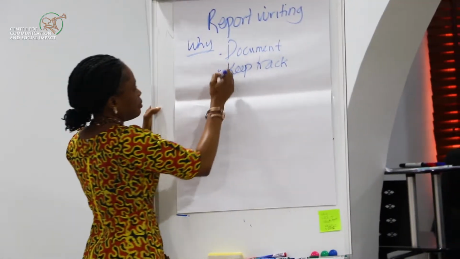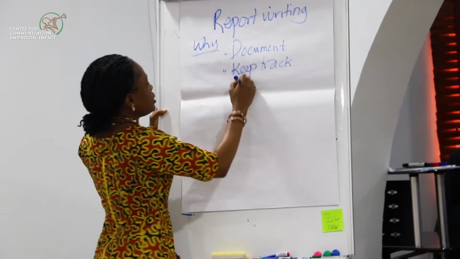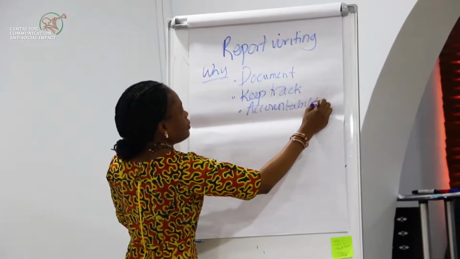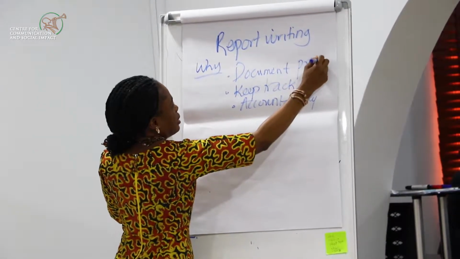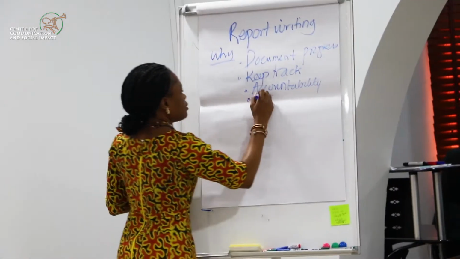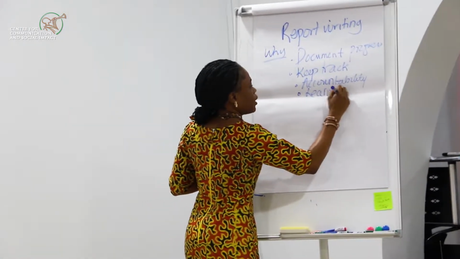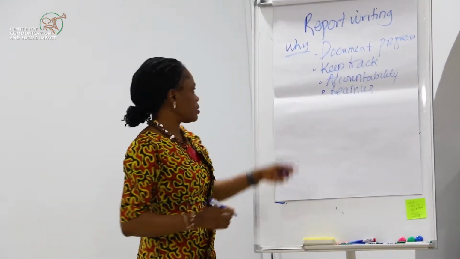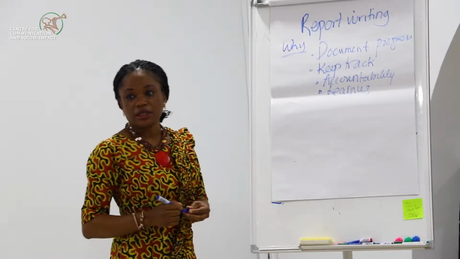Okay, next. Accountability. Document progress, yes. That's what I'm looking for. Learning. These are all correct, but there's one particular one. Yes, to document progress. To keep track of accountability.